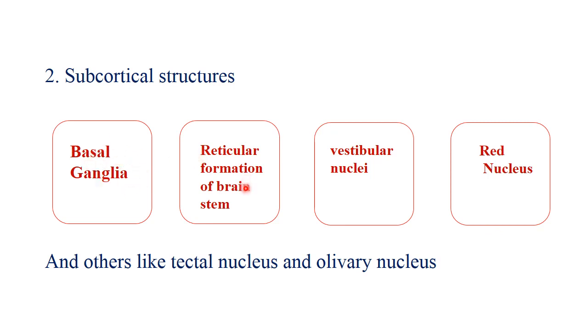Also the reticular formation of the brainstem, vestibular nuclei, the red nucleus, and other types of nuclei have a connection with the cortex through what are called extrapyramidal pathways, like the tectal and olivary nuclei. These are neuroanatomical names, and we will discuss the important physiological points in each structure.